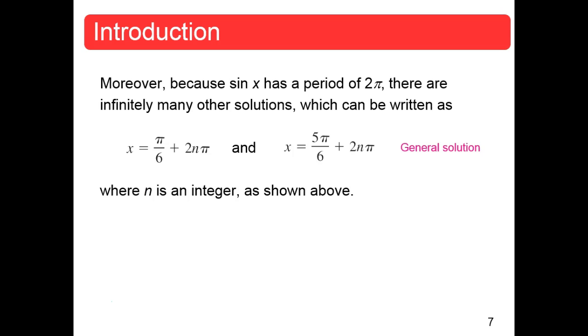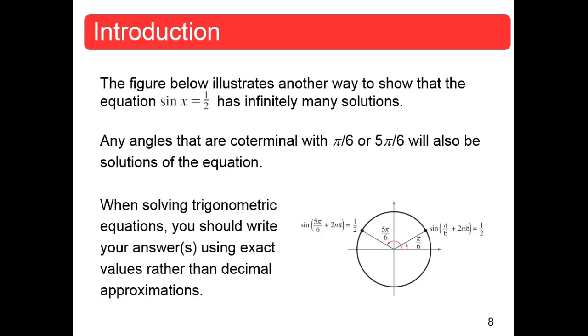Now, they also do it on the, and this is their answer, which is exactly what we got. They also show it down here, which is what I did by doing, you're looking for the x, the angle, whose opposite side is 1 over the hypotenuse of 2. 1 over 2.